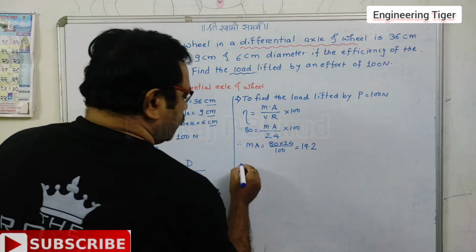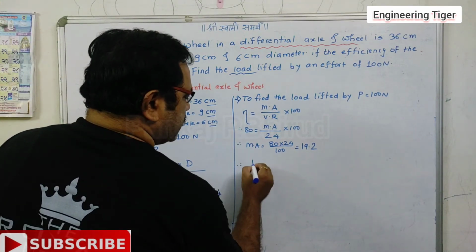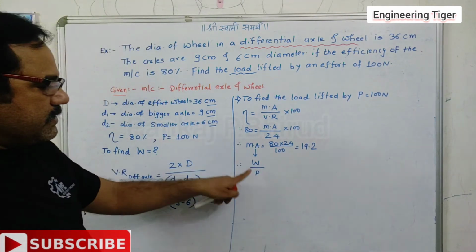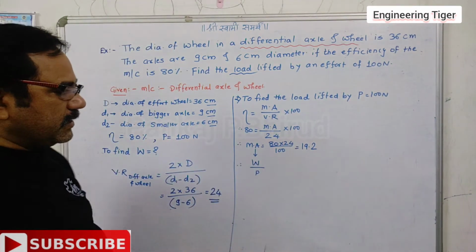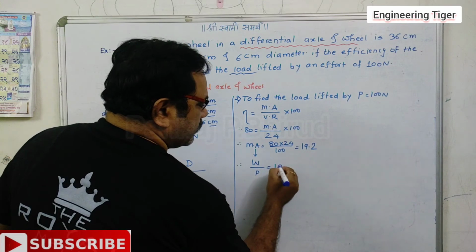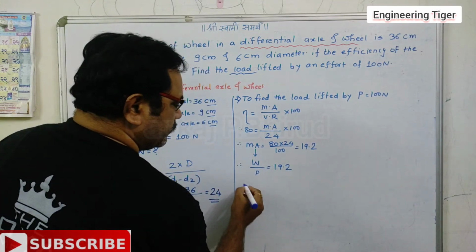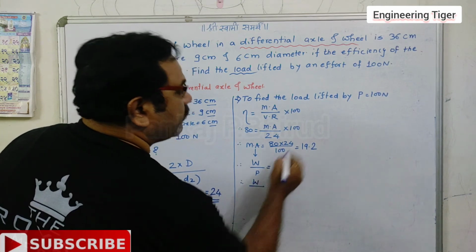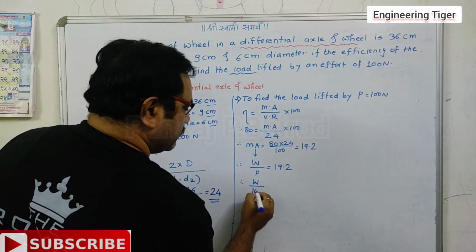Now use the formula of MA. What is MA? MA is W upon P. Here MA is 19.2, W is unknown and P is 100 Newton.